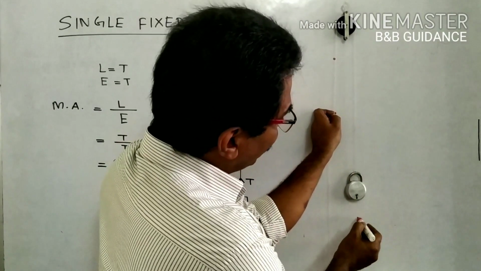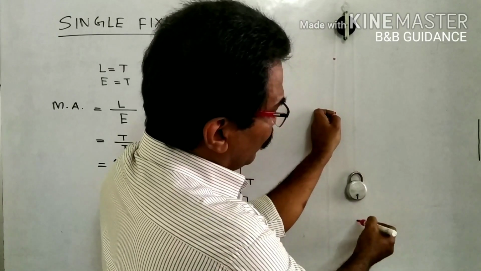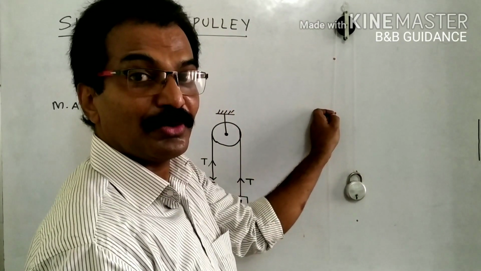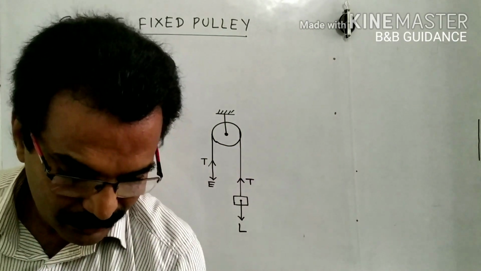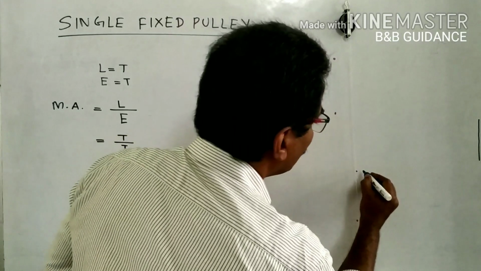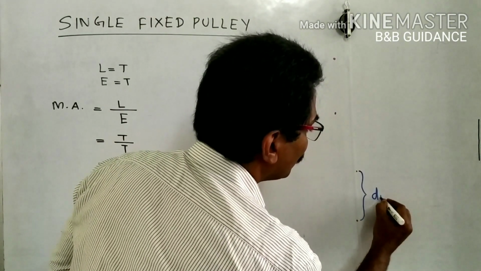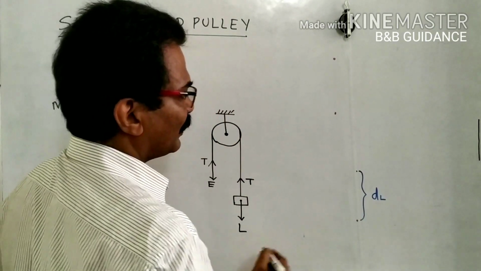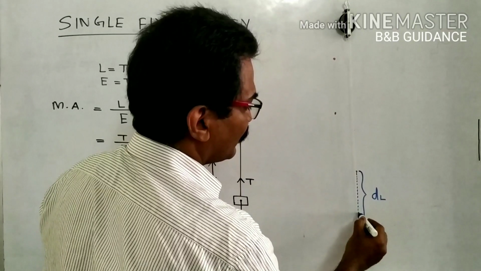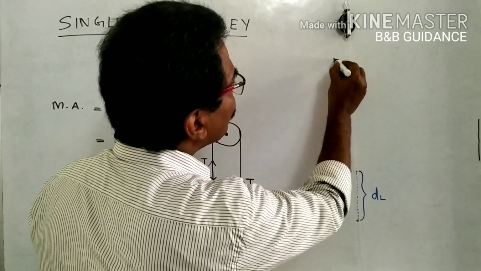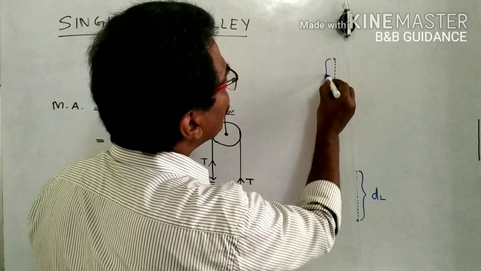And the load point from here, by the time the load point reached here, this is the displacement of load. What is this? Displacement of load. And this is displacement of effort.